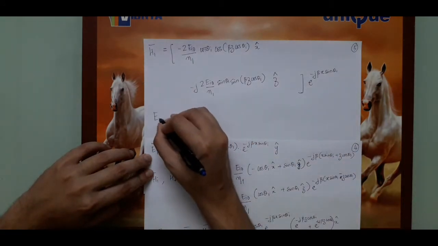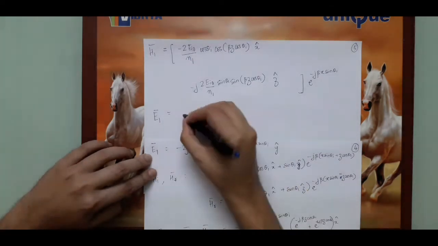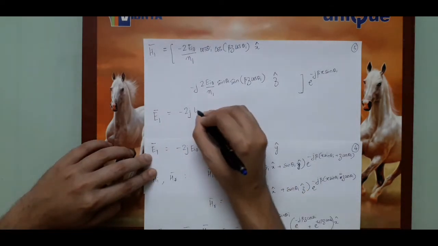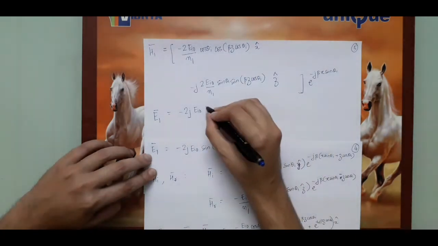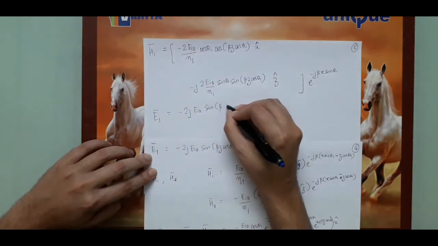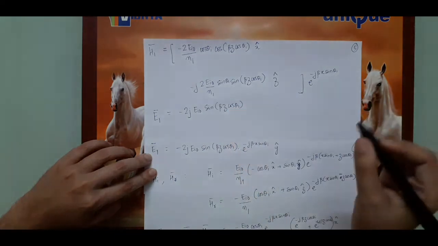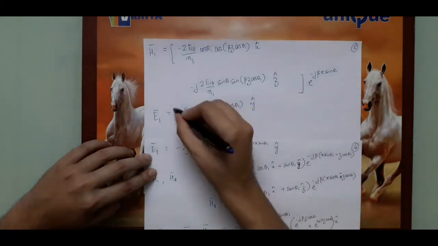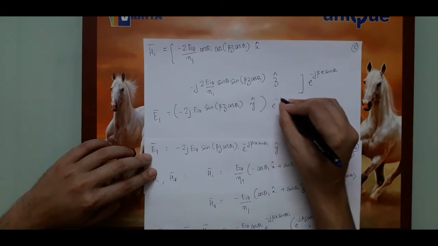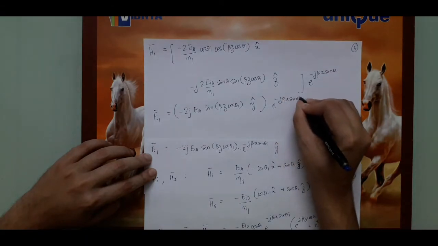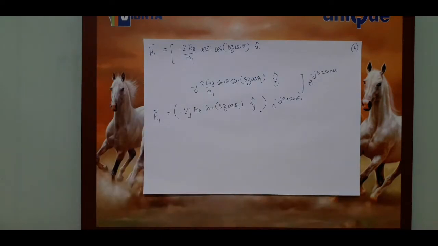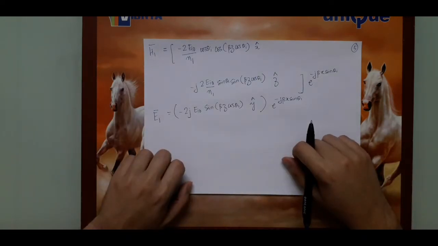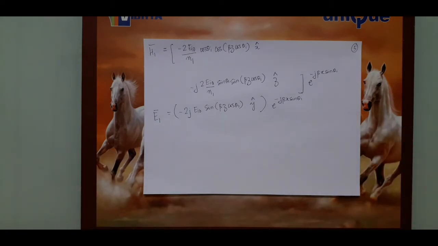So the E component is minus 2j ei0 sine beta z cos theta I times, let me just say y cap over here, and this also I will just take outside, e raised to minus j beta x sine theta I. Okay, we have written some very big equations, but let us not be boggled down by them and try to understand what they signify.